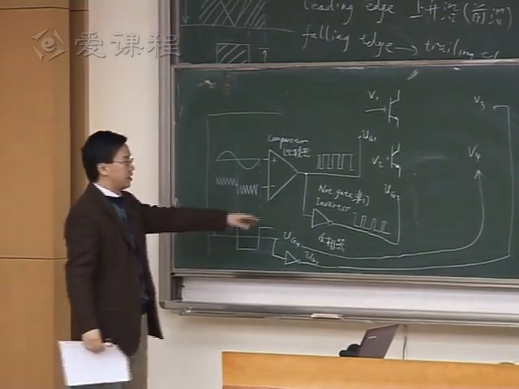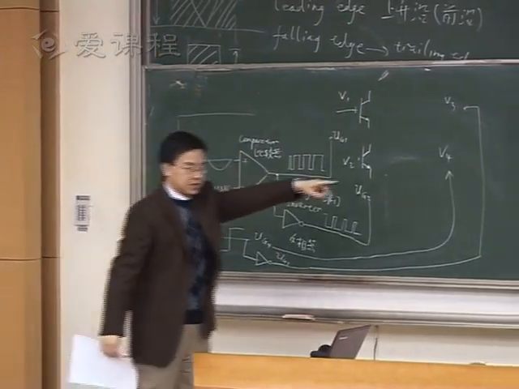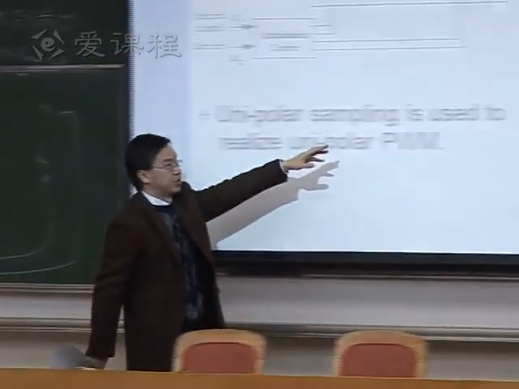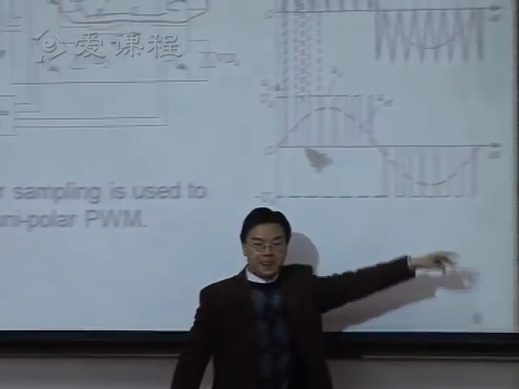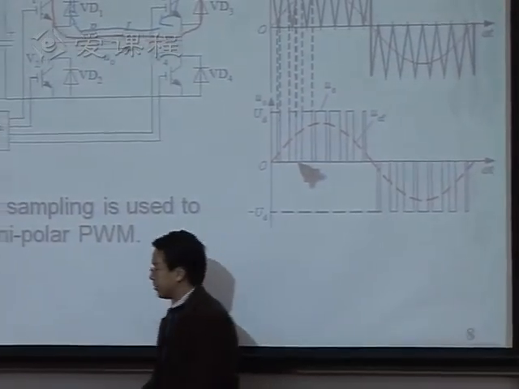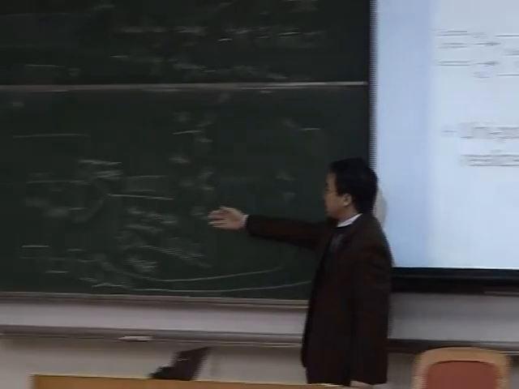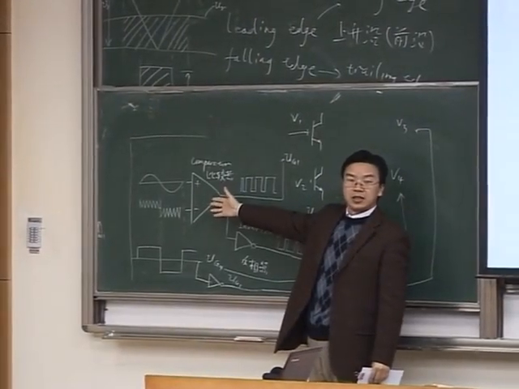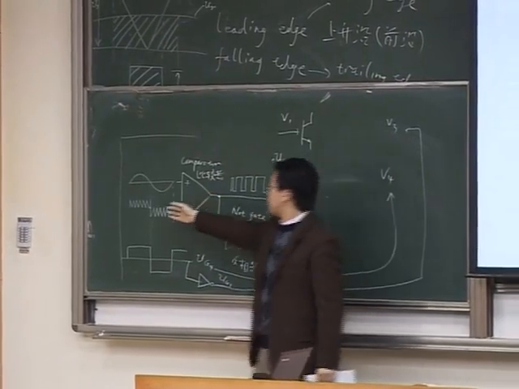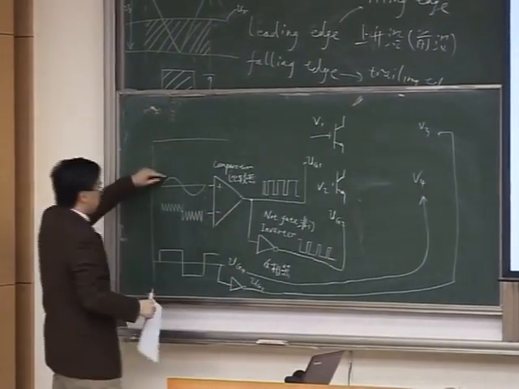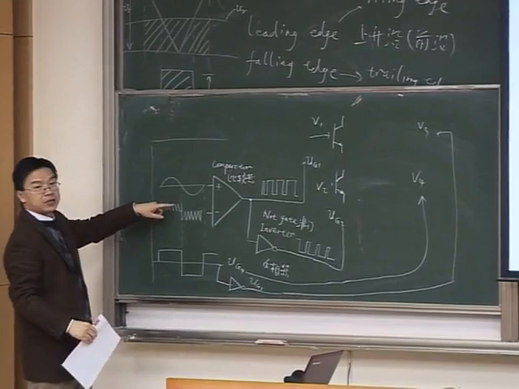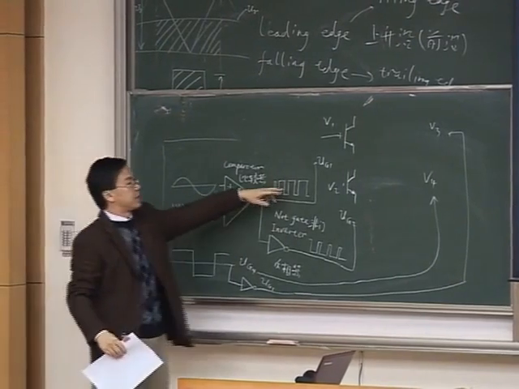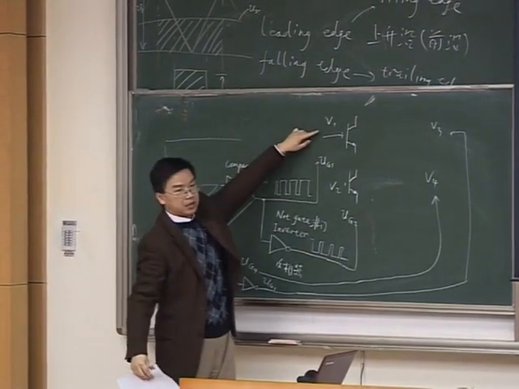In this way, I can realize the output voltage I want. Why? Because this comparator is realizing natural sampling. When the modulating signal is higher than the triangular signal, I'm turning on V1.